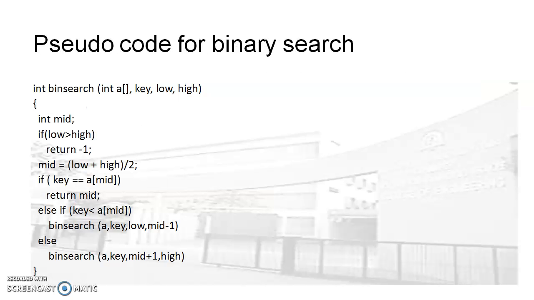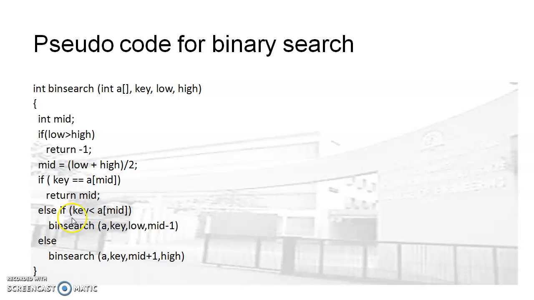The pseudocode for binary search is very simple. You have the array, the key element to be searched, and the low end and the high end being passed. The process continues if low is less than high. The mid position is first computed. The key element is compared with the mid element. If it is a match, the mid value is returned.